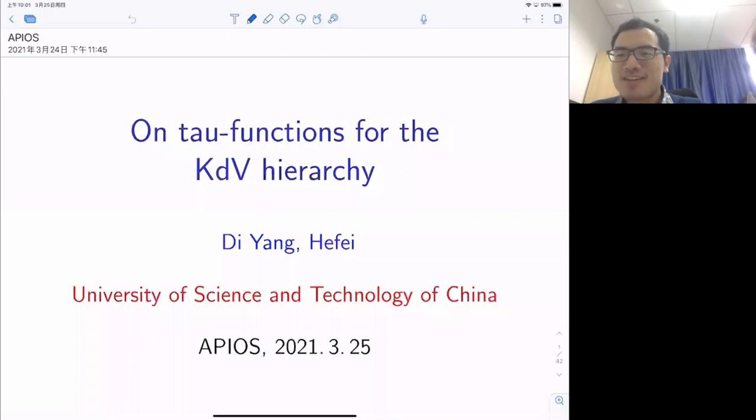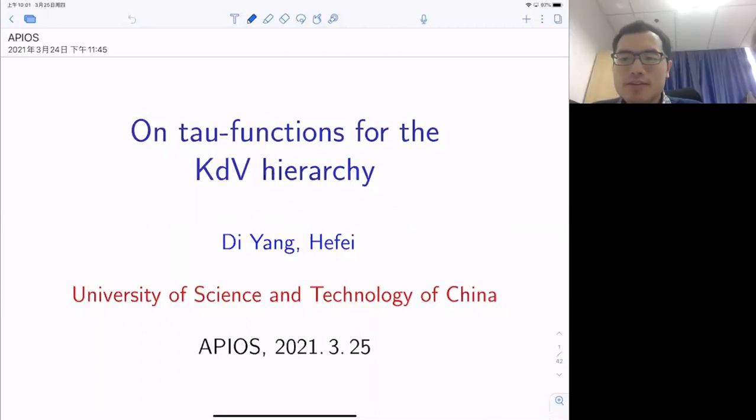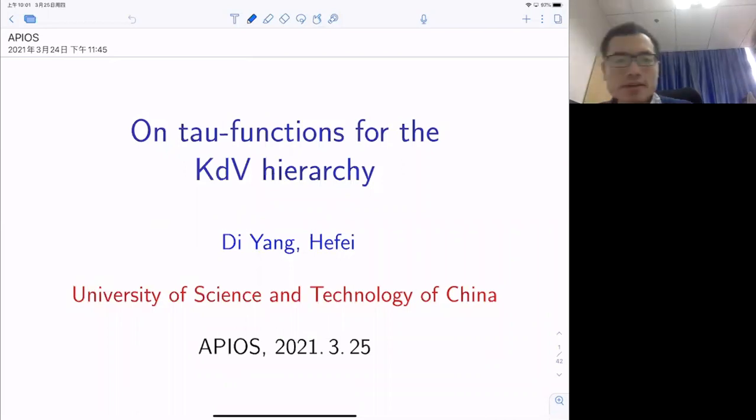First, I would like to thank the organizers for the invitation. The topic today is about tau functions, in particular for the KdV hierarchy. This topic is quite typical of integrable systems. We know that the Korteweg-de Vries hierarchy is one of the most important, and also the first important example that we study in integrable systems.